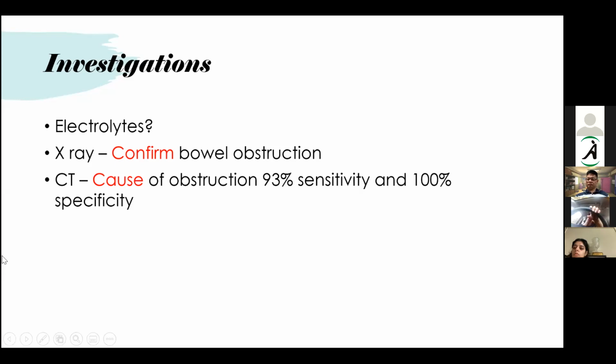But if it is a young patient with a good malignancy prognosis, responding to treatment well, you want to know the cause so that you can do something about it. The investigation of choice would be a CT, which has a 93% sensitivity and 100% specificity in finding out the cause of bowel obstruction.